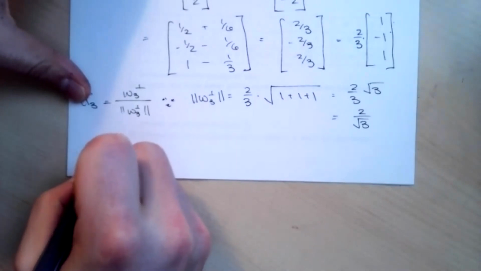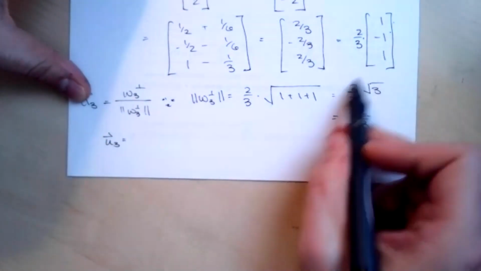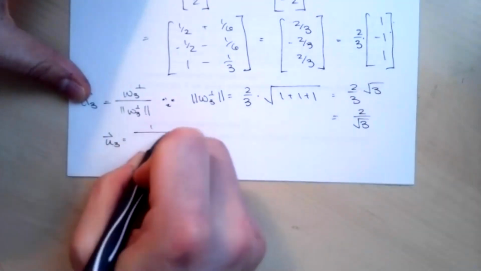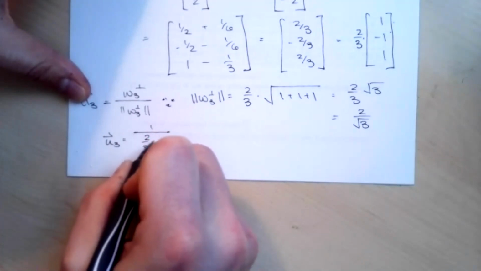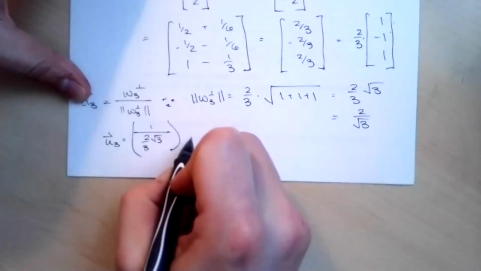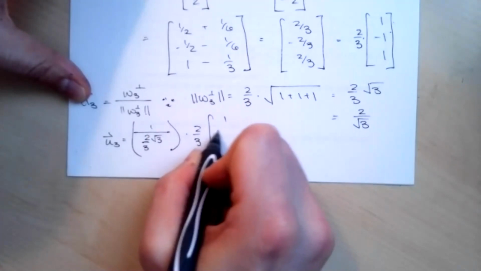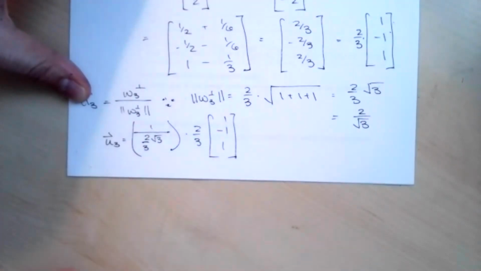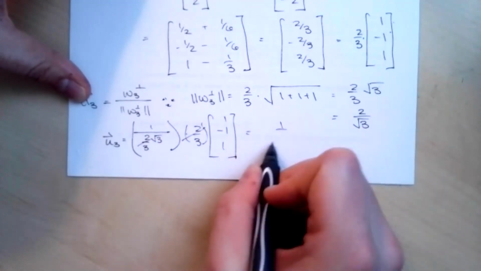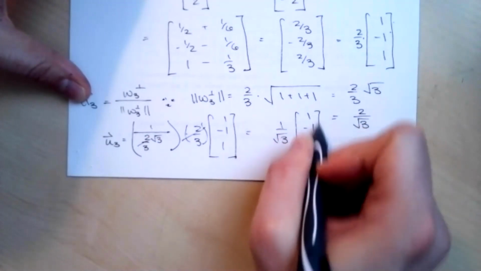So now our U3 might almost be better to keep in that form, because what do we have? We will have 1 divided by 2/3 square root of 3 as the reciprocal of the norm times 2/3 1 minus 1 1. And so this 2/3 and that 2/3 will cancel, and we'll just get 1 over root 3 1 minus 1 1.